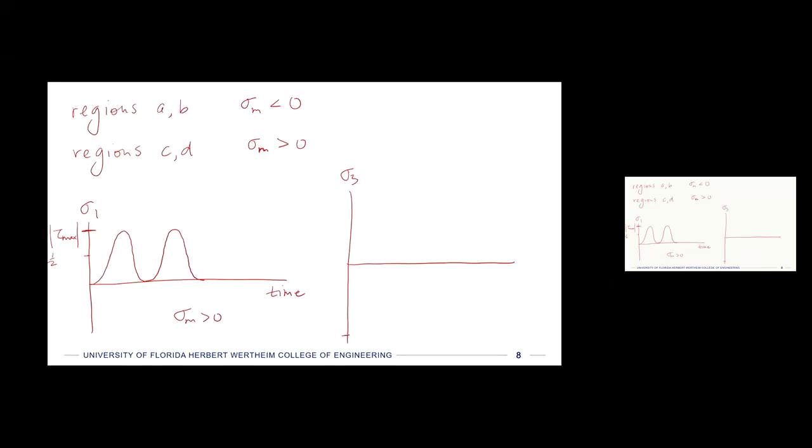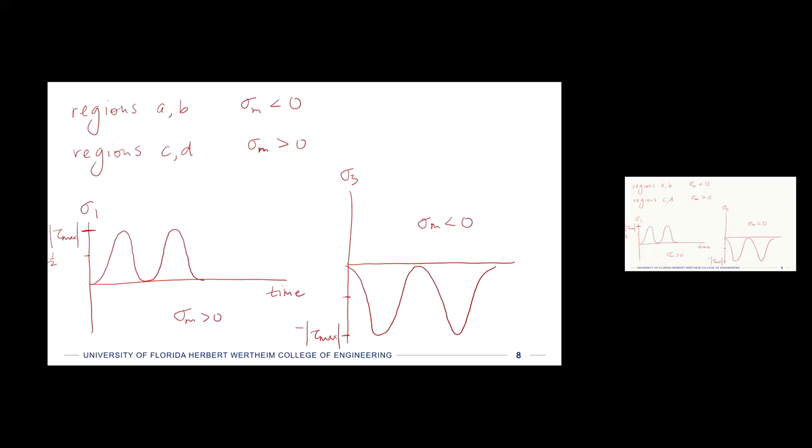So our sigma 3 at that same time, if these are both in phase, right, starts at 0 and then goes down to minus absolute value tau max, right? So then the mean sigma 3 is half of that. And so now our mean stress is below 0. So now we're in region A or B, right?